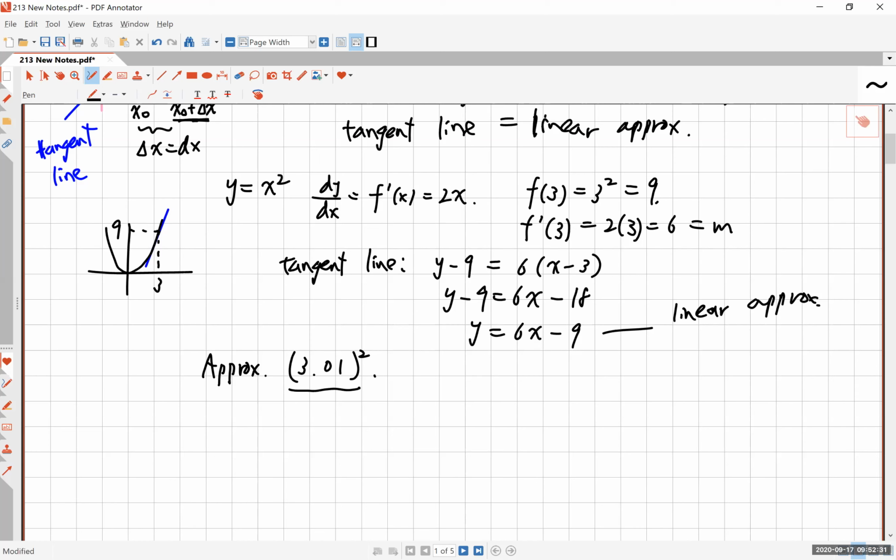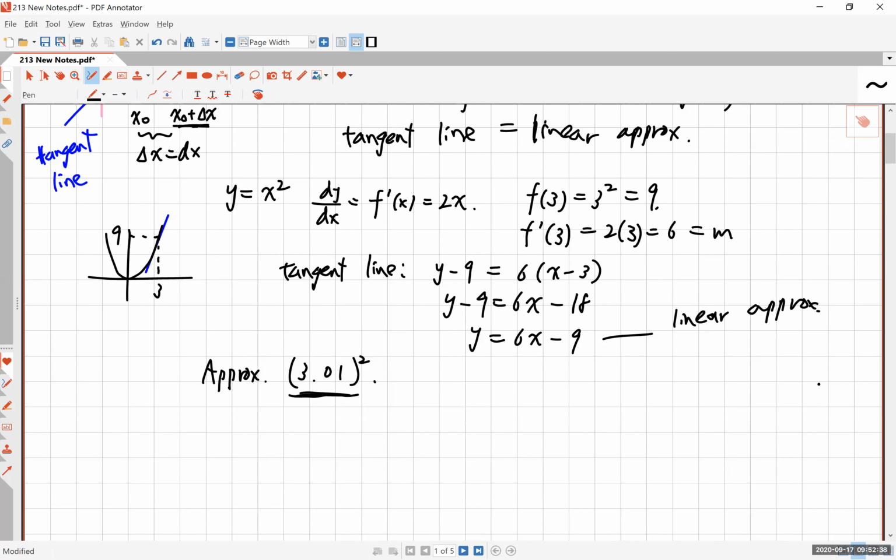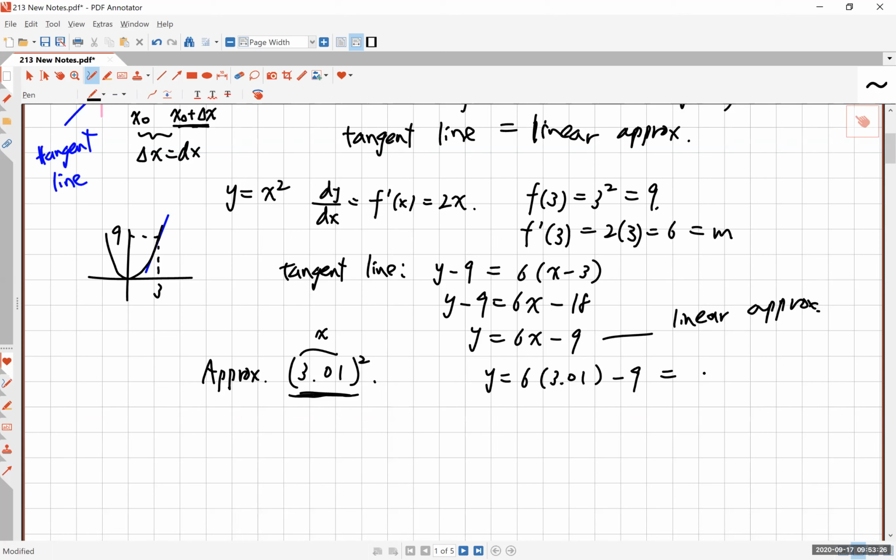But if you can't do this for some reason, or if this is a more complicated equation, then you can use this linear approximation. Because this becomes your x, that's going to be 18.06 minus 9, and you can get your answer. So here you get 9.06.